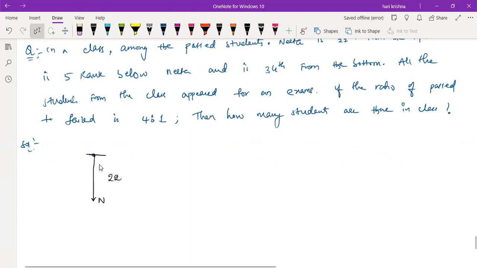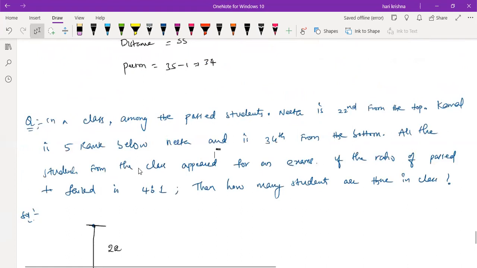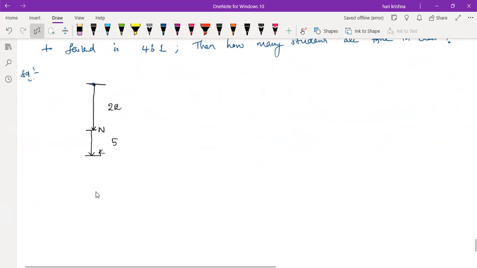And Kamal is also 34th from the bottom, so the rank from here to the bottom is 34th.